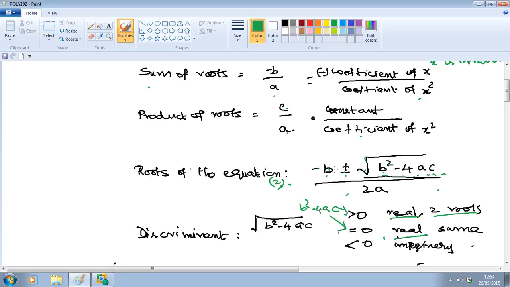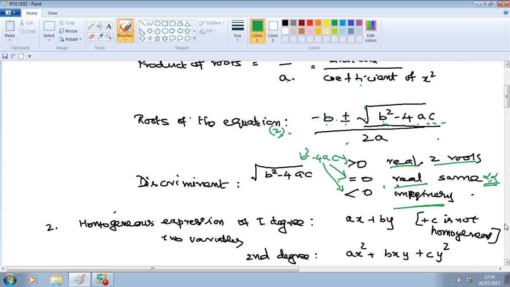So you get two same roots: if one root is alpha, the other root is also alpha. If b² − 4ac is negative, you have got only imaginary roots. There is no real root. These facts we have to remember.